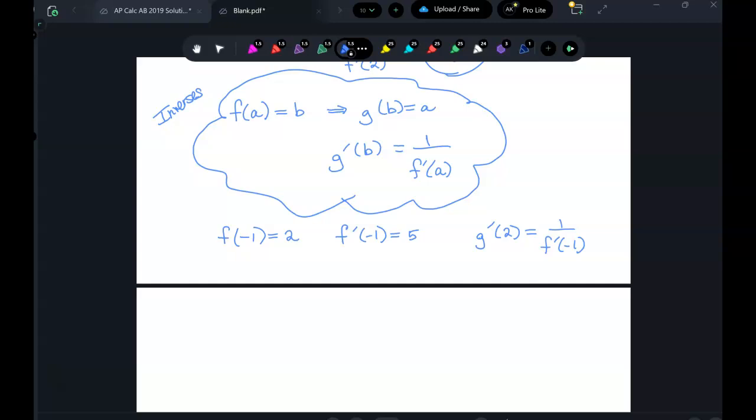Okay, that's what I had meant to write. But this is so confusing, because F of negative 1. Oh, no, it's fine. Hopefully.